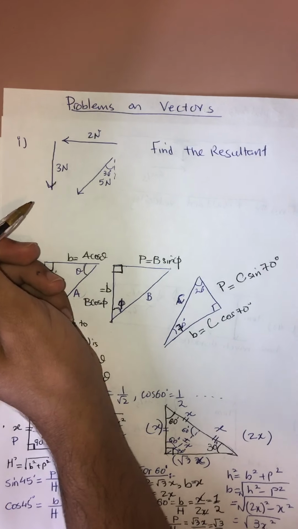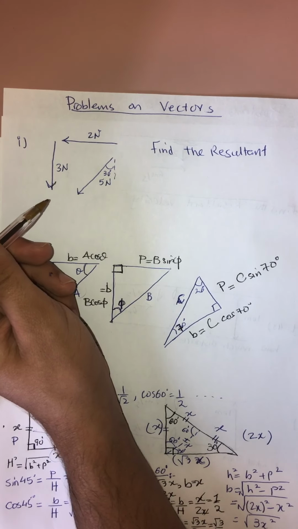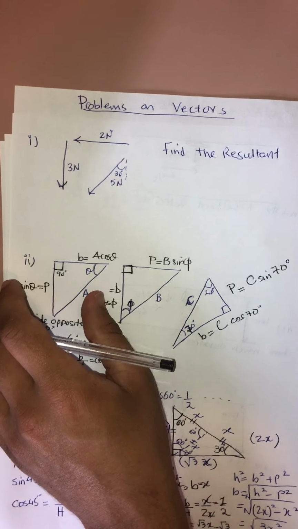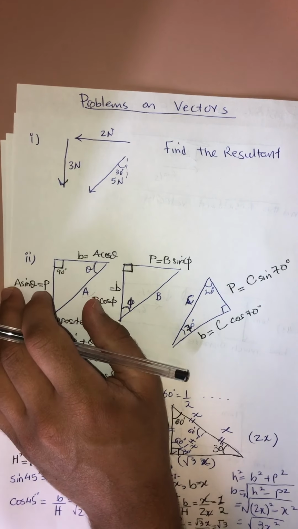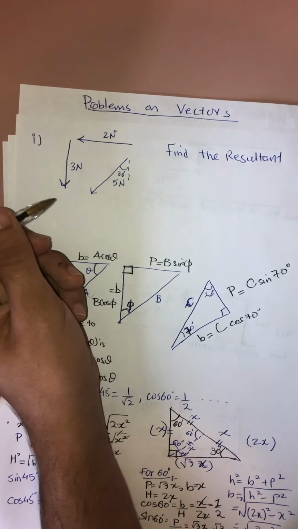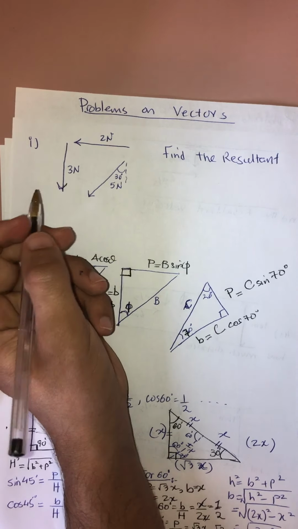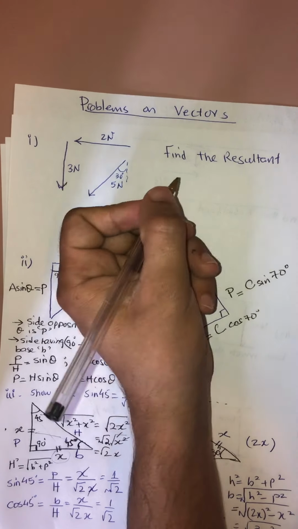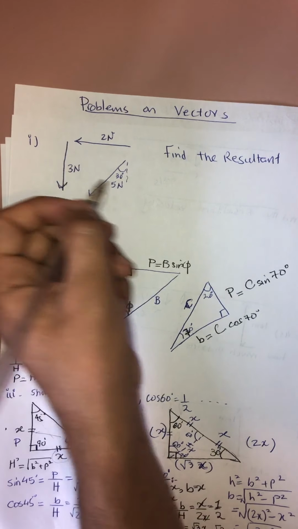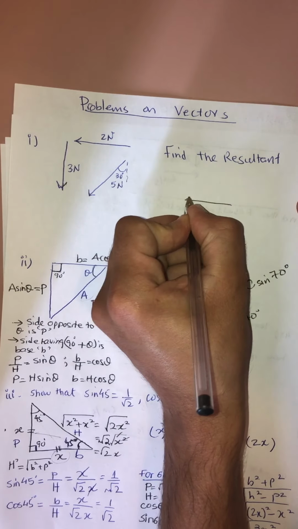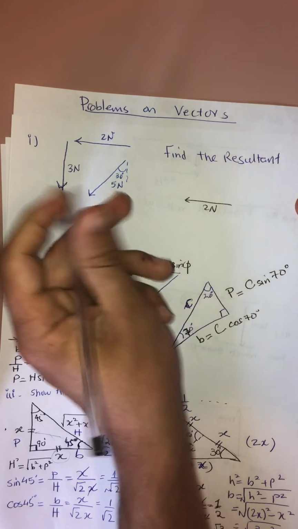So as we know, in vectors we have a summation rule, which is vector summation. It says that to add vectors, you have to draw the first vector. You can take any one of the vectors as your first vector, so consider the 2 newton as your first vector.